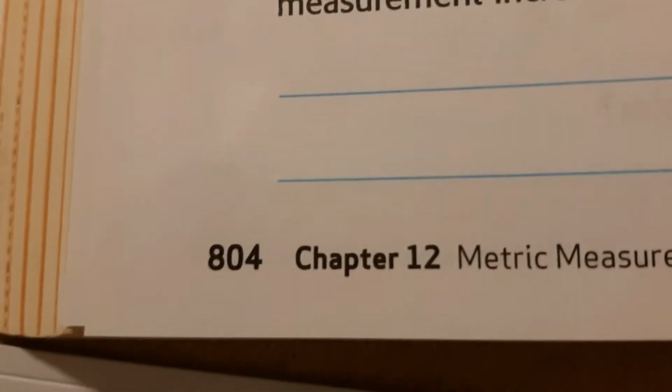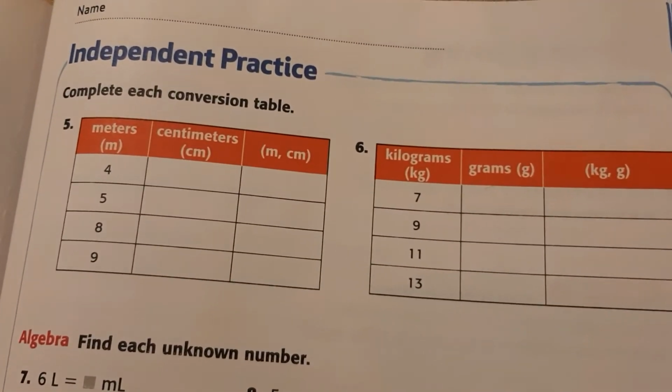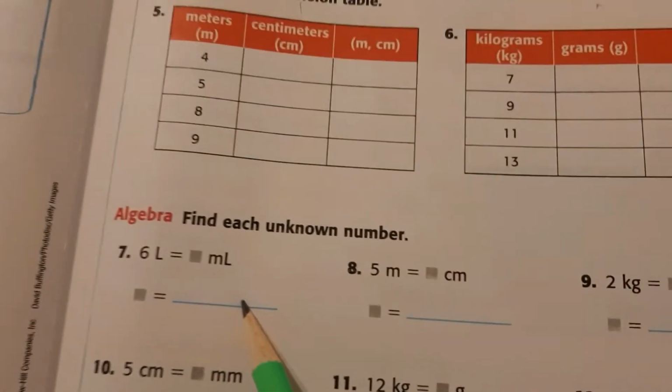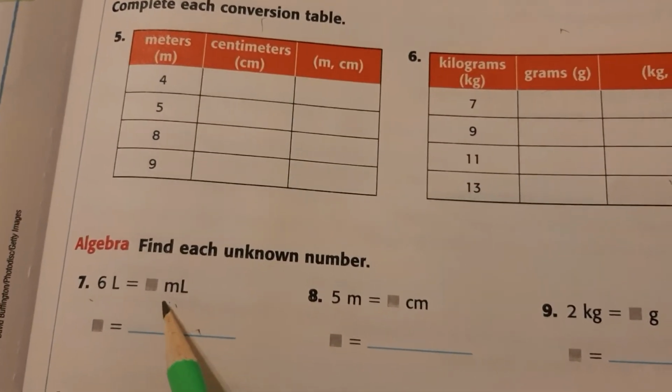All right. Now, you are going to do page 803 and 804 on your own. For 803, you need to do these charts, just like you did. Put what you multiply by up here. And down here, it just says find the unknown. 6 liters is how many milliliters?